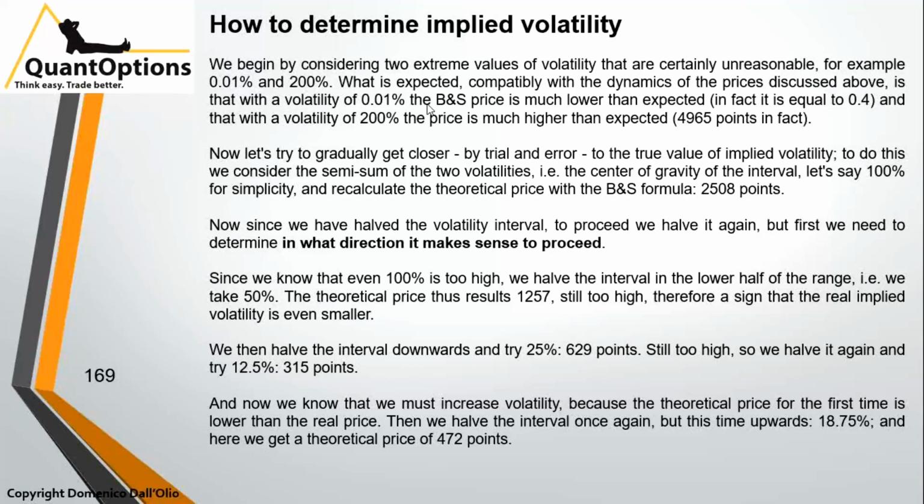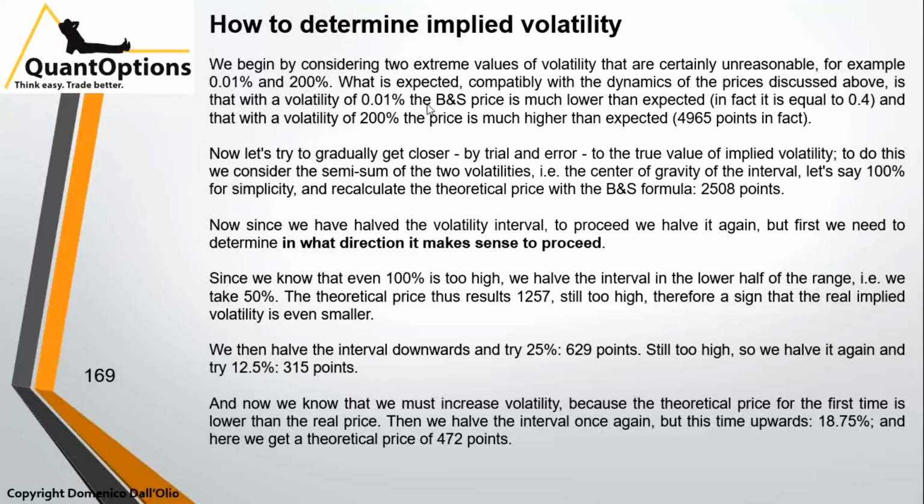Now, let's try to gradually get closer, by trial and error, to the true value of implied volatility. To do this, we consider the semi-sum of the two initial volatilities, meaning the center of the interval, let's say 100% for simplicity, and recalculate the theoretical price with the Black-Scholes formula: 2,508 points. Now, since we have halved the volatility interval, to proceed, we halve it again. But first, we need to determine in what direction it makes sense to proceed.